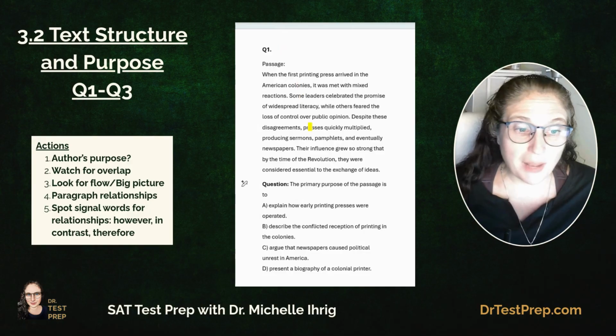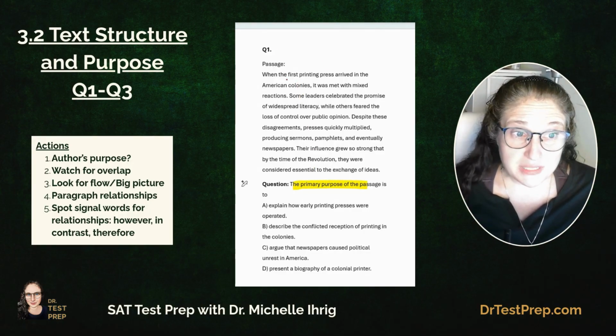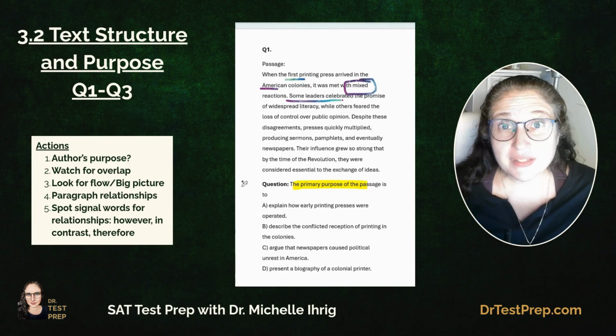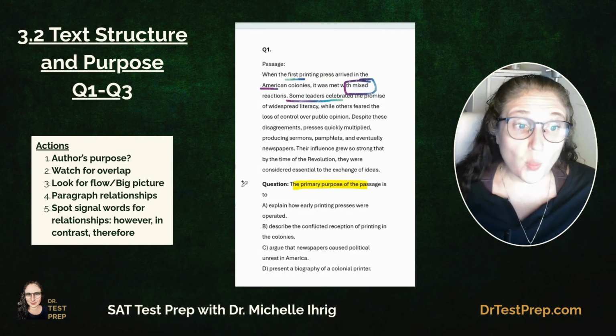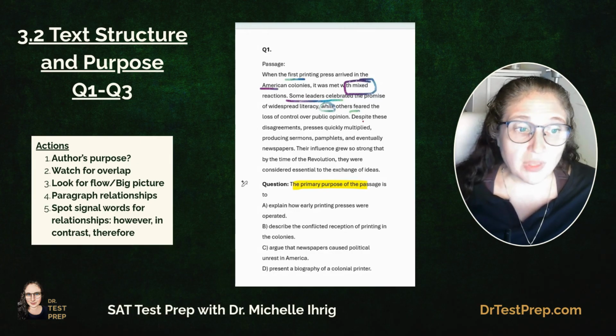Let's take a look at our first question. Always check out the prompt first. It is, what's the primary purpose? When the first printing press arrived in the American colonies, it was met with mixed reactions. Some leaders celebrated the promise of widespread literacy, while, contrarily, others feared the loss of control over public opinion.